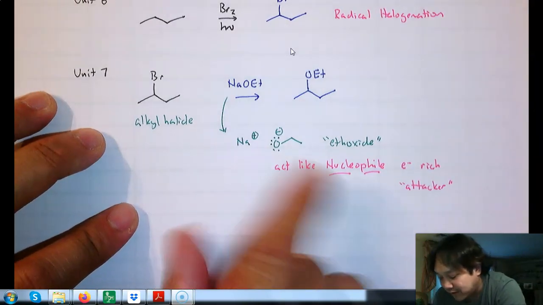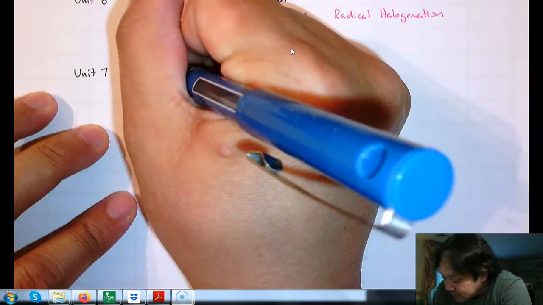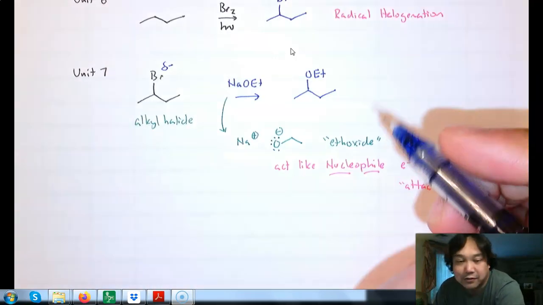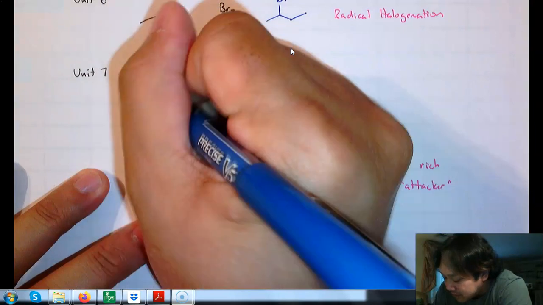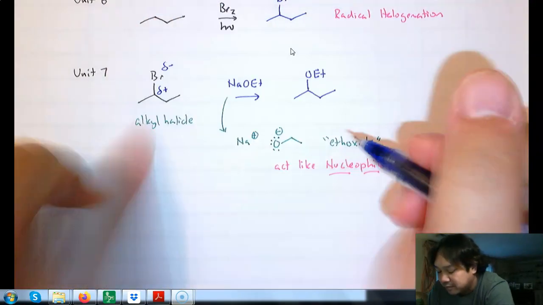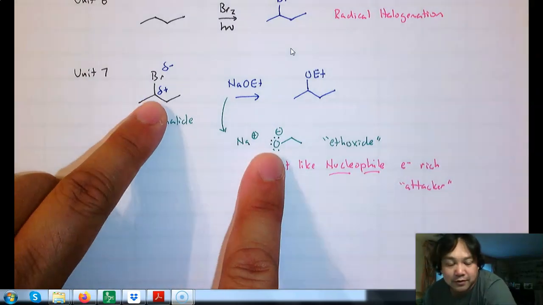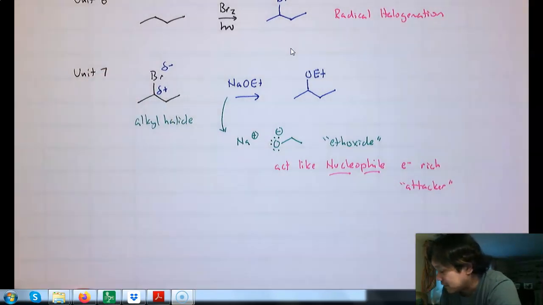Where's the electrophile? The opposite, electron loving. So here's bromine. From the periodic table we know it's electronegative. And as it pulls electrons away from this carbon, it actually builds up a partial positive charge. So there's your complement. Those are your opposites attract. Okay. And as this comes in, it's going to kick out the bromine.